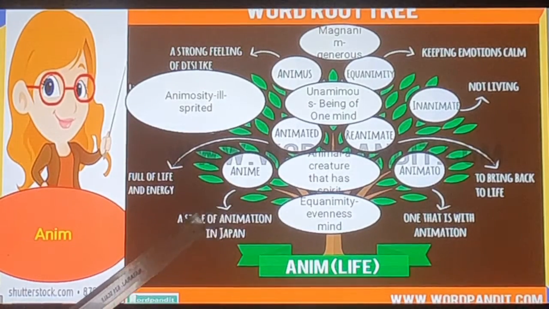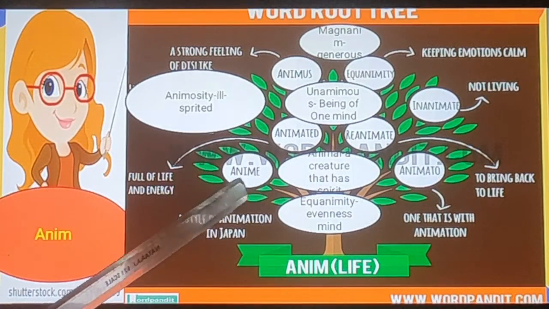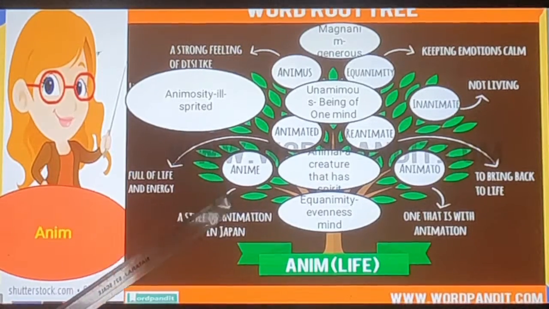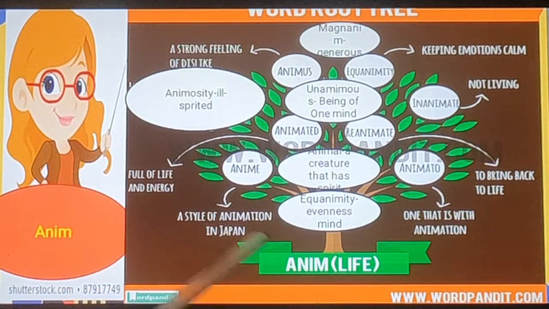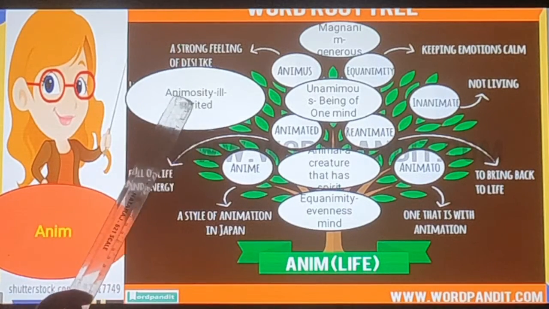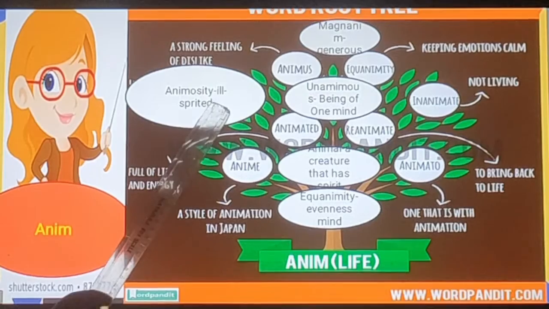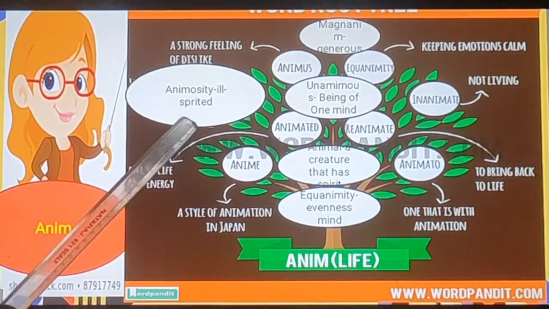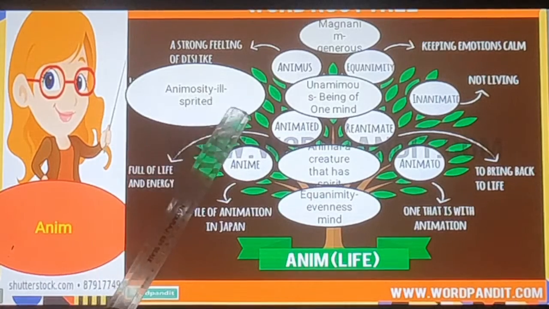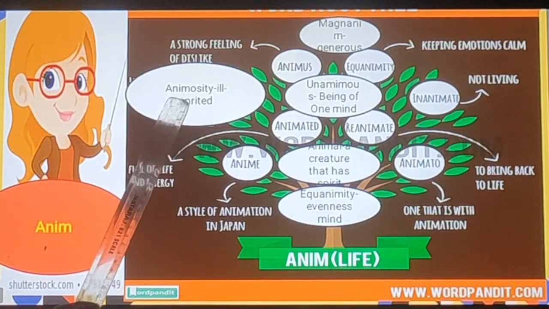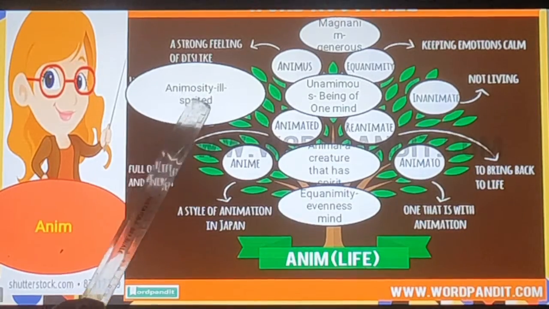Okay. Now next one, animosity. Animosity means ill-spirited. What is that? Ill-spirited is animosity. It is a bad situation. We call that animosity.